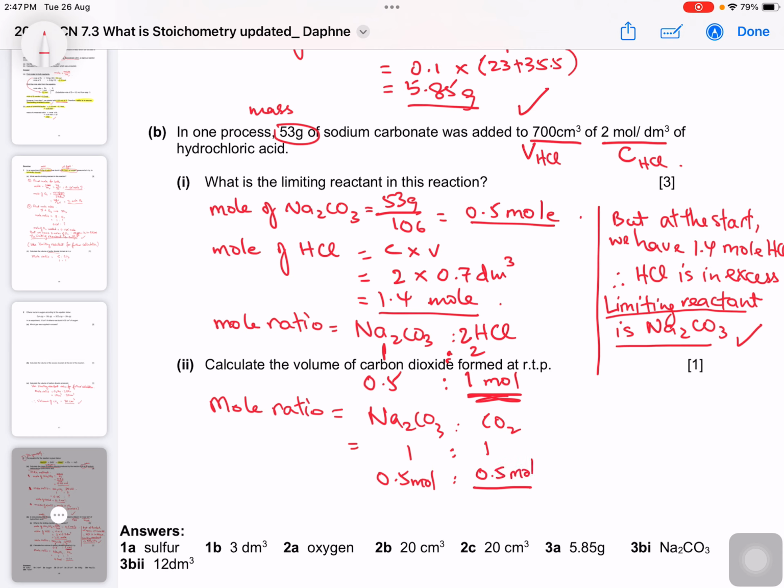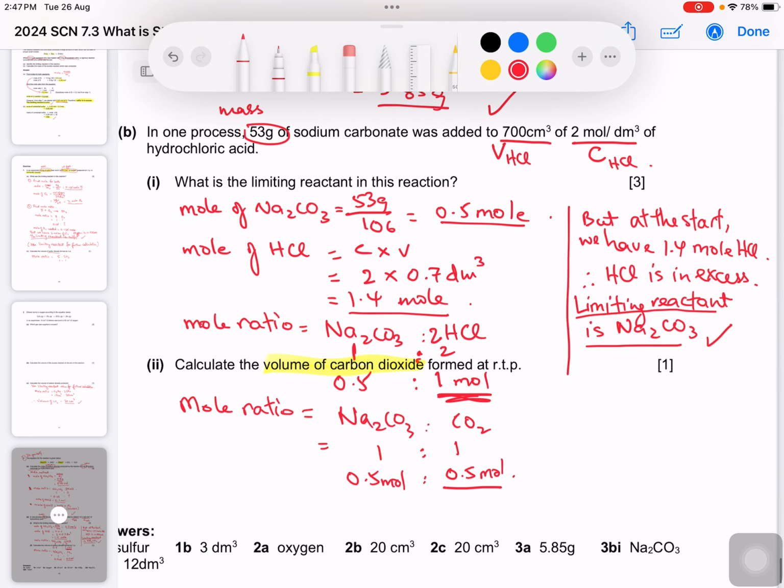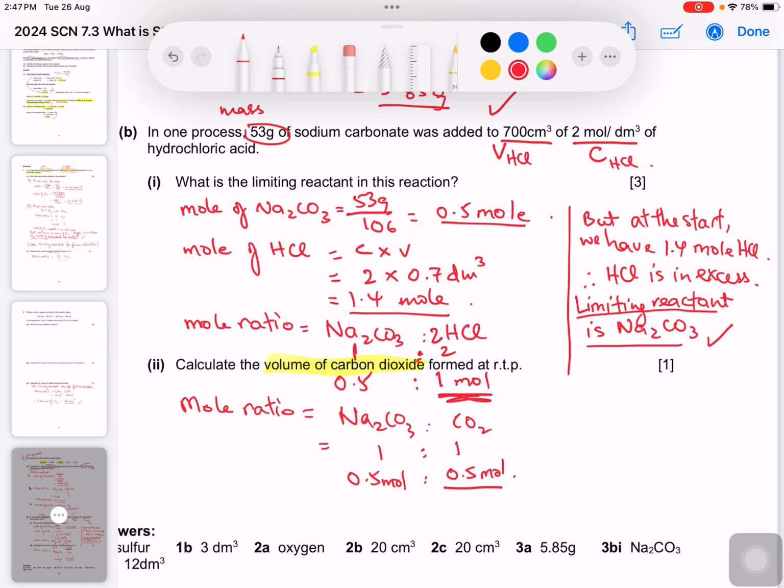Also 0.5. But we don't want moles of CO2. We want volume of CO2. Volume of CO2 is equals to mole times 24 dm cubed. 0.5 times 24, and this will be equals to 12 dm cubed.